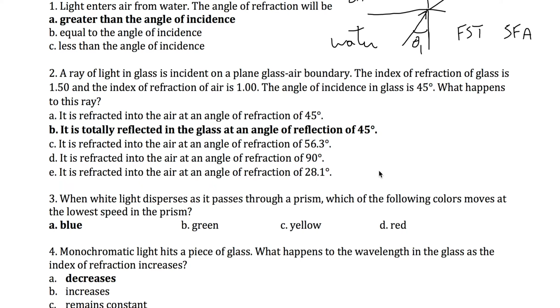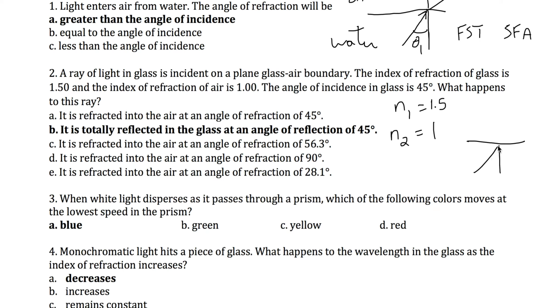Alright, so it's going from the glass to the air, so it's going from a high index to a low index. So N1 is the starting index, the glass, which is 1.5, and it's going into air. So N2 is 1.